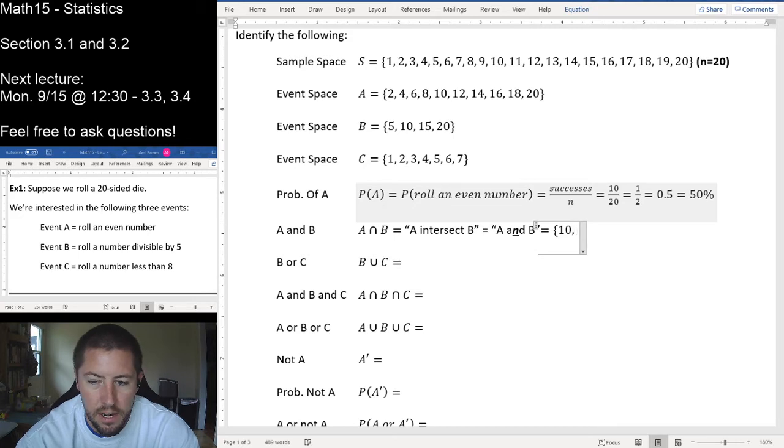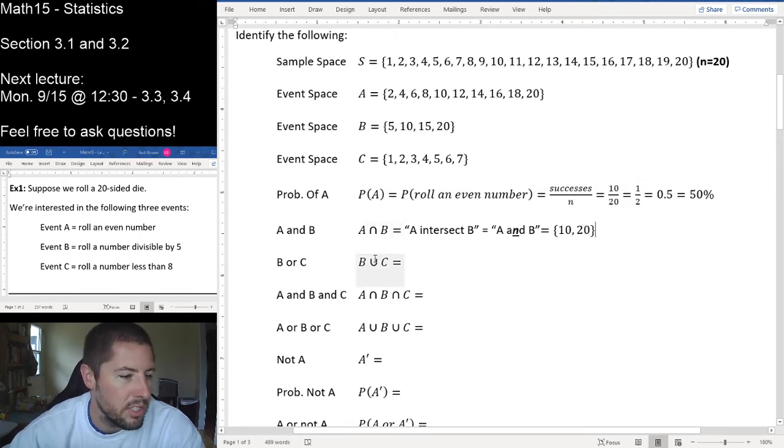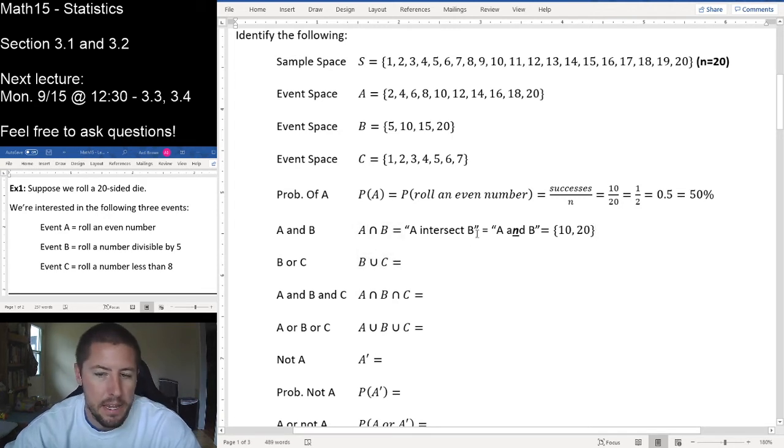But 20 is both even and divisible by 5. So there are two objects in the set A intersect B, that are both in A and in B. And we use this symbol to indicate the intersection. What is the intersection of these two sets?